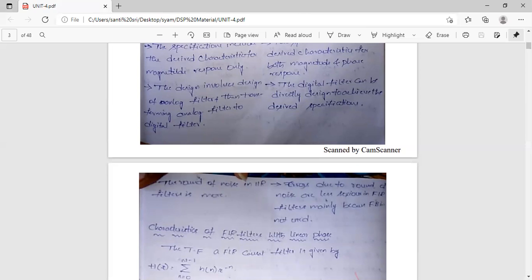Errors due to round off noise are less in FIR filters, mainly because feedback is not used in FIR filters, whereas feedback is used in IIR filters. That's why the round off noise is more in IIR filters, whereas the round off noise is less in FIR filters.